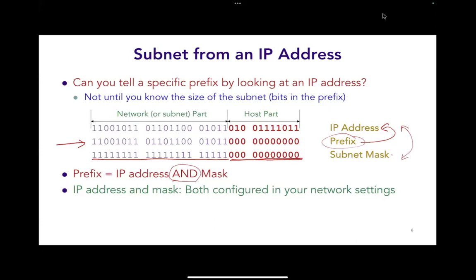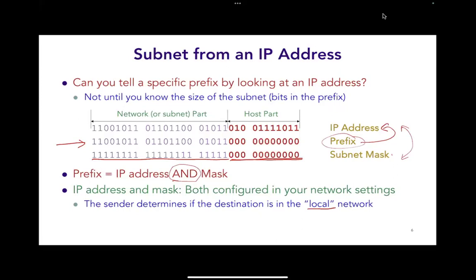By the way, this IP address and the subnet mask are both configured in your network setting, which is often obtained from a DHCP server by your machine when it is booted up. The sender will determine if the destination is in the local network if the subnet portion is the same as yours.